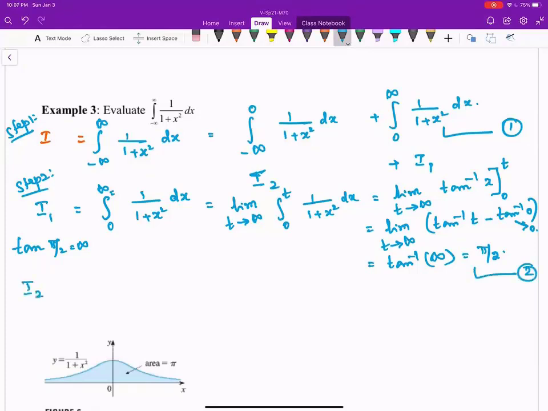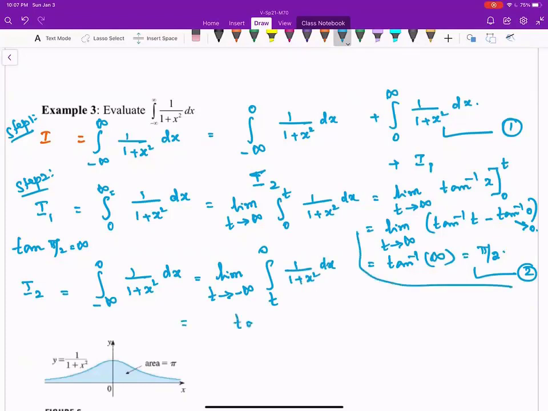Let's compute I2, which is the integral from negative infinity to 0 of 1 over 1 plus x squared dx. Here the lower limit is negative infinity. So it is the limit as t approaches negative infinity of the integral from t through 0 of 1 over 1 plus x squared dx.